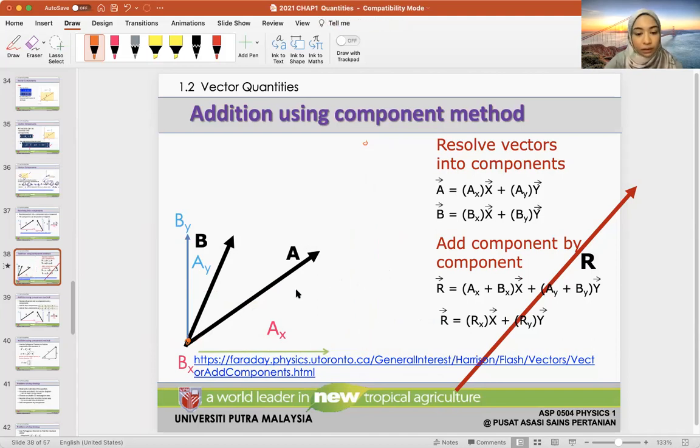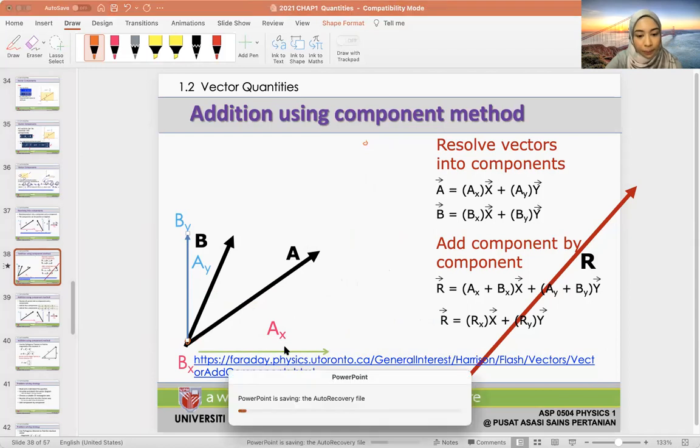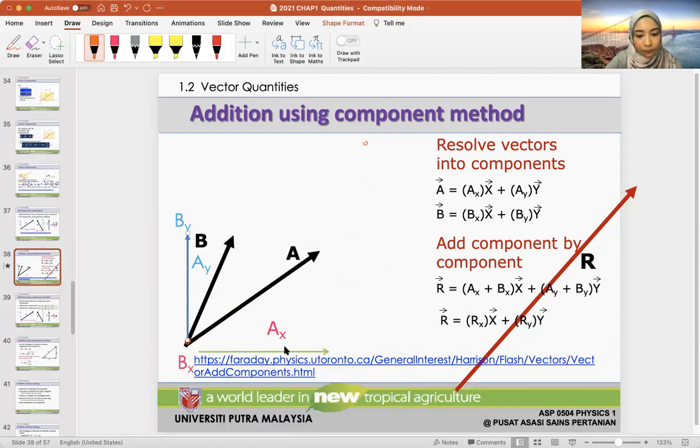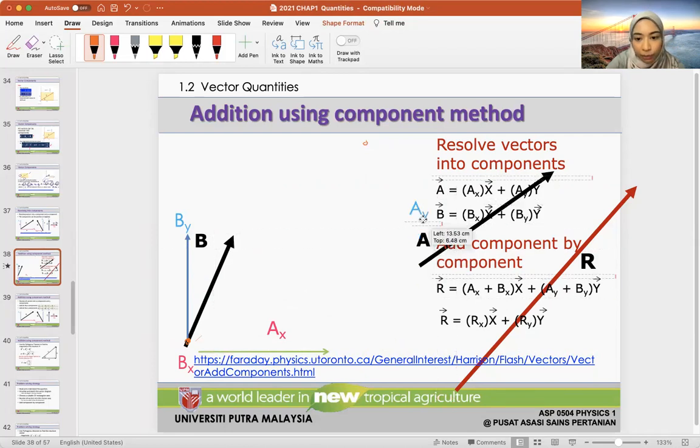Buang. Okay. BY and BX. Control B. Kita buang A dulu. Kita buat B dulu. So B punya komponen should be BY positive, BX positive.